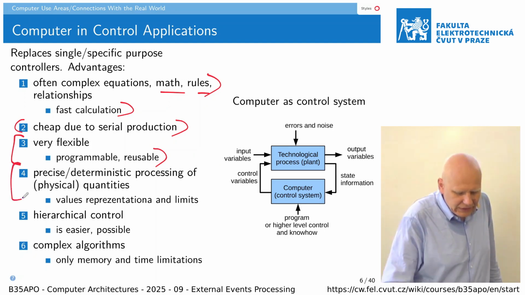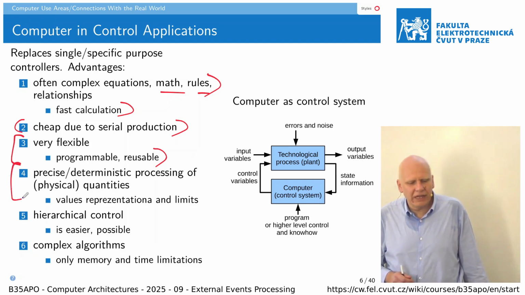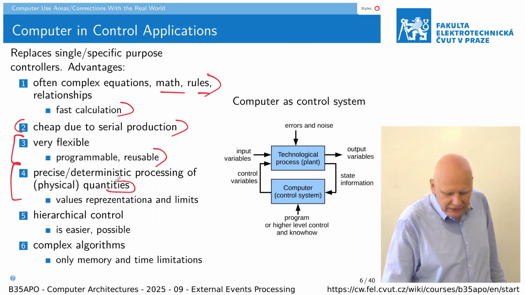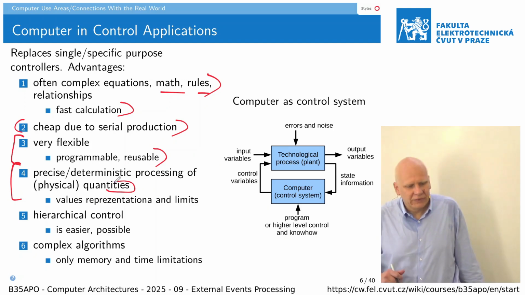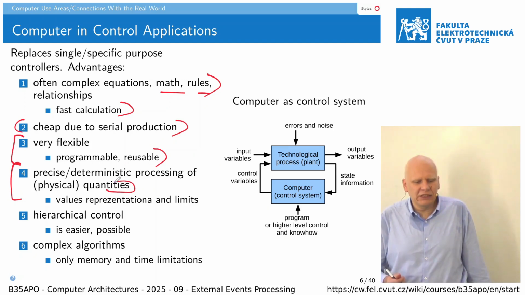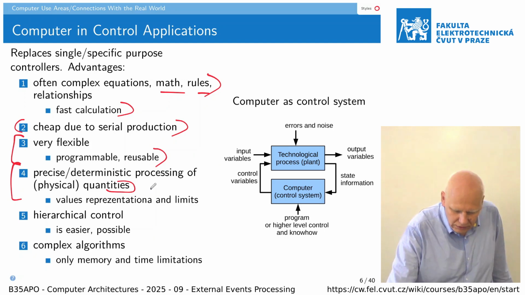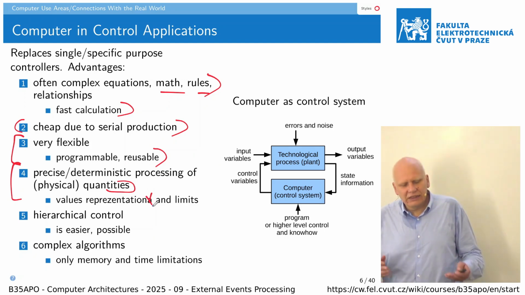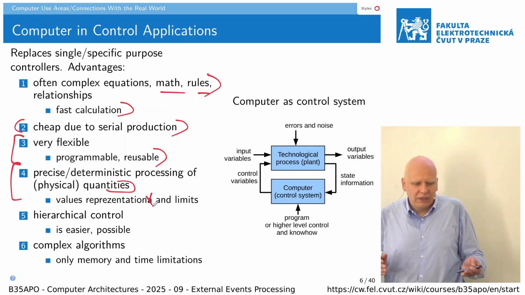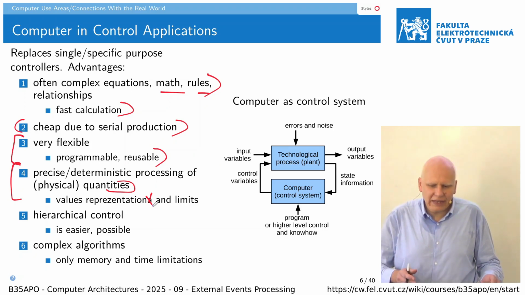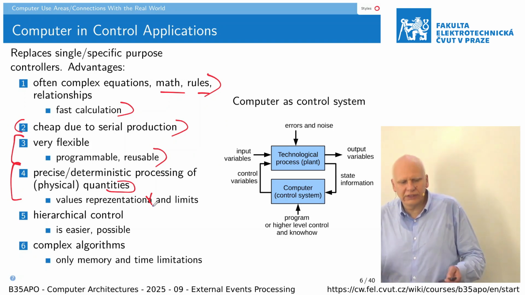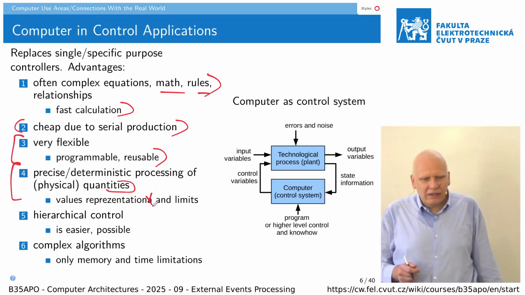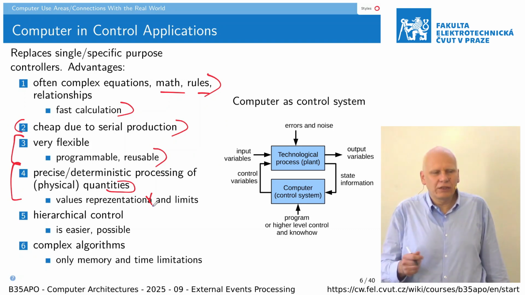Another interesting feature is that at the moment when we convert the physical quantities to some internal digital representation, then we have a relatively good and stable way how to store the data and transfer data, because then the data are no more influenced by noise and so on.